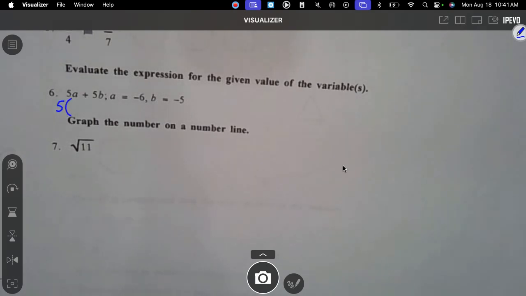It's negative 6. And then plus 5 times, what's B? Negative 5. My calculator could probably do the rest for me, but what is 5 times negative 6? Negative 30. And what is 5 times negative 5? Negative 25. And we would get negative 55.